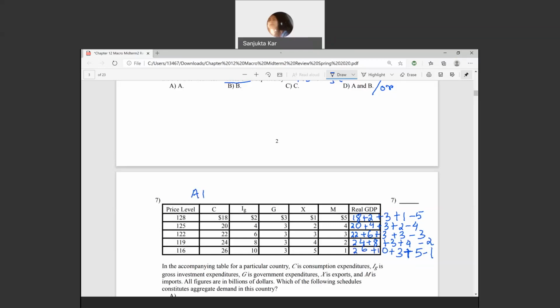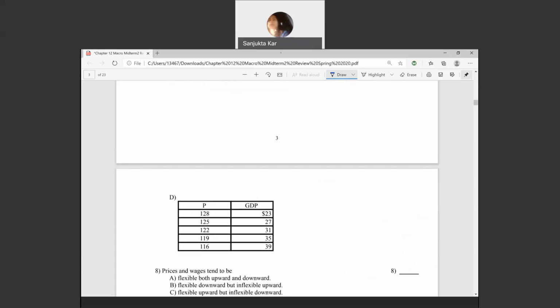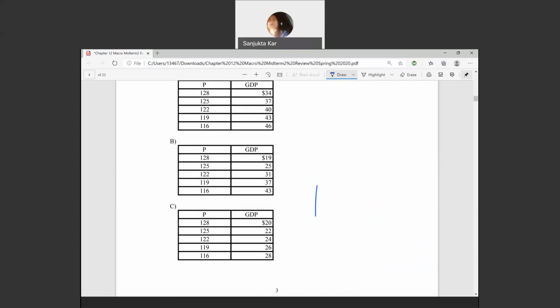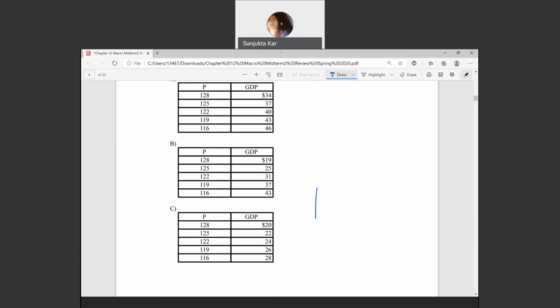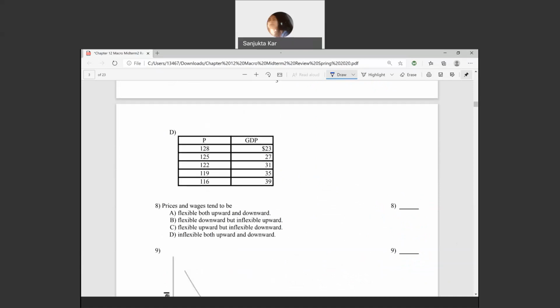Because aggregate demand is equal to C plus I plus G plus X minus M. Do the math and you'd see the result. For this question, the answer is going to be B. But please do the math here. That will make you understand this question better.